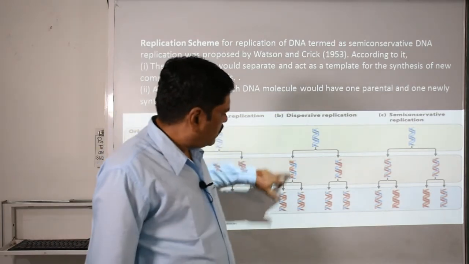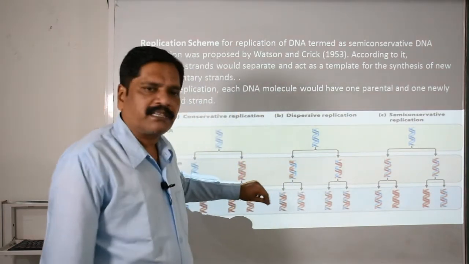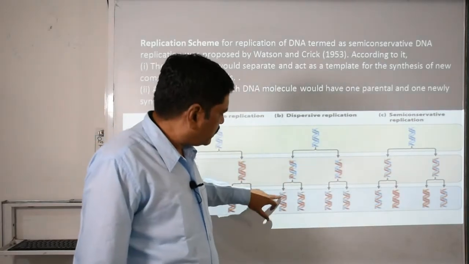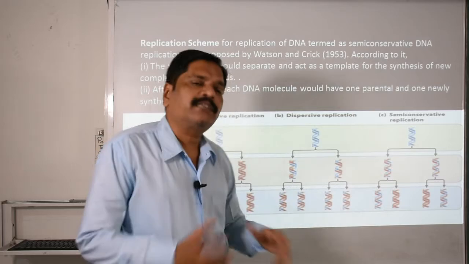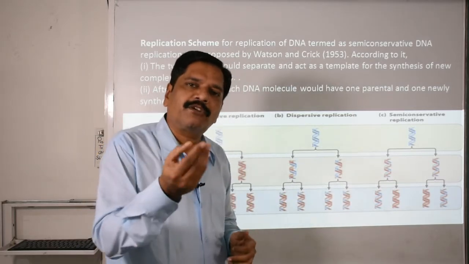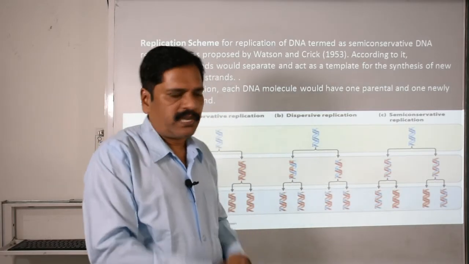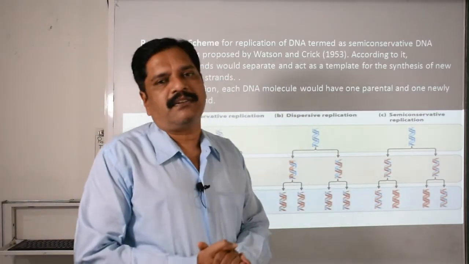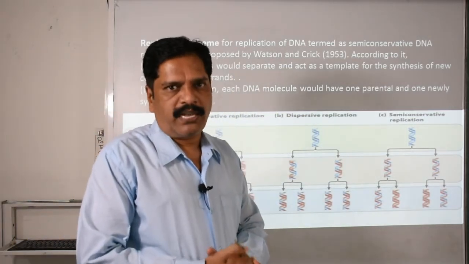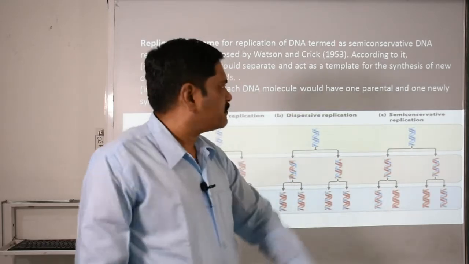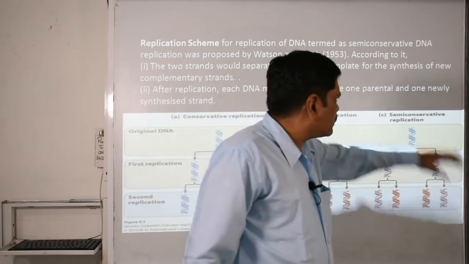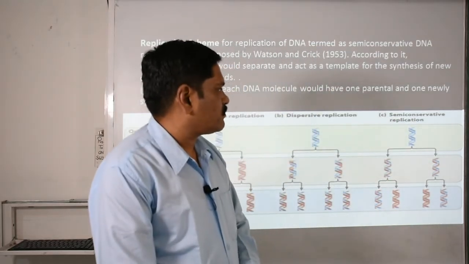If we observe this diagrammatic presentation of the newly formed daughter DNA, you can see that no specific pattern of attachment of the parental DNA is observed. So we also call it the randomly arranged DNA molecule, and that is why this method is termed dispersive replication.